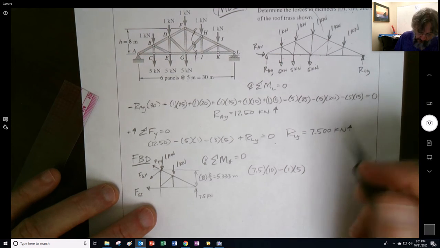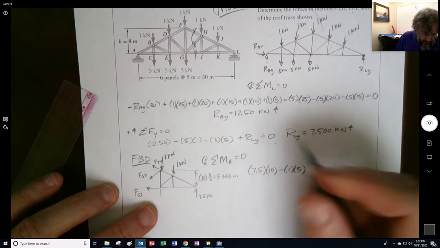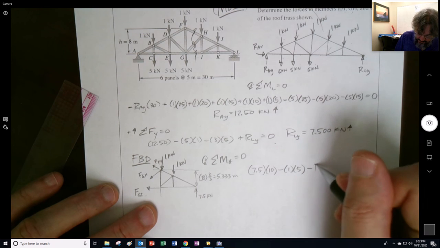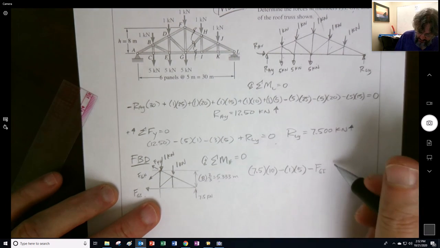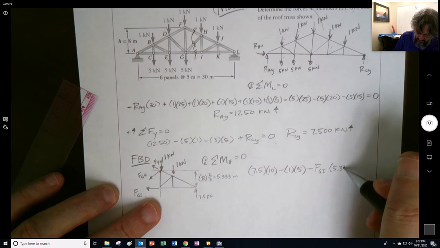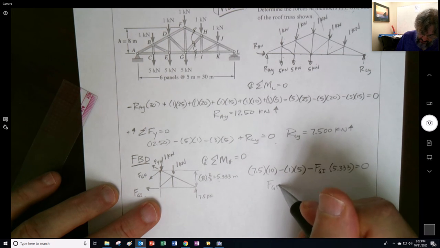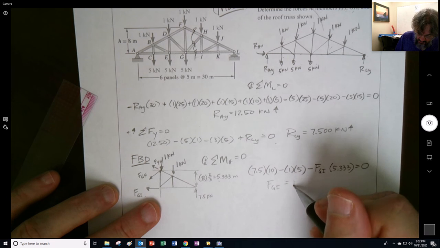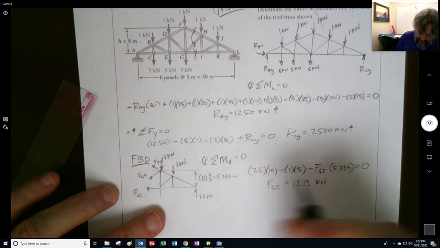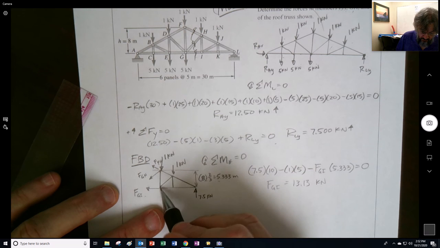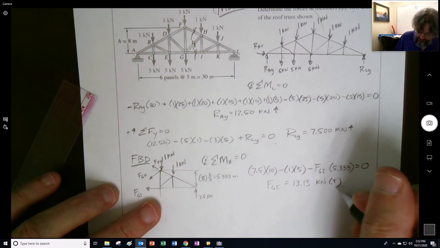And then this FGI is also going clockwise, so it's negative FGI times 5.333 equals 0. So FGI is 13.13, and it was a positive number. We assumed it was in tension, so therefore that's going to be a T.